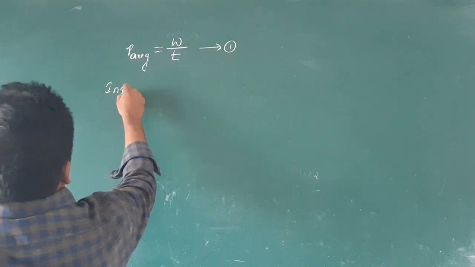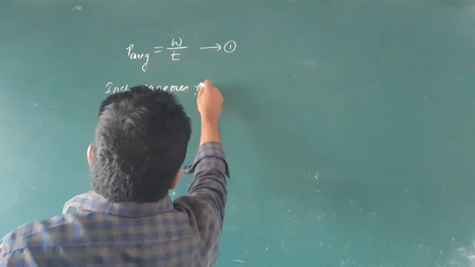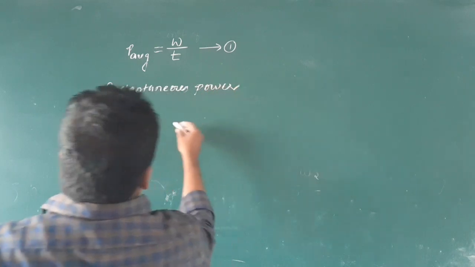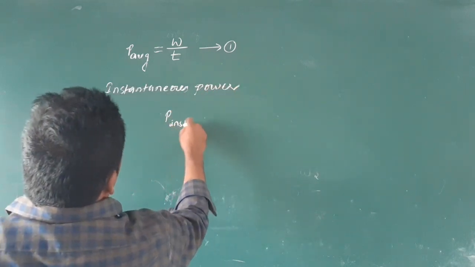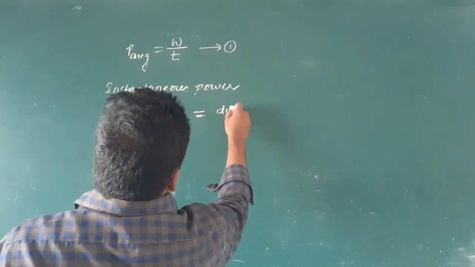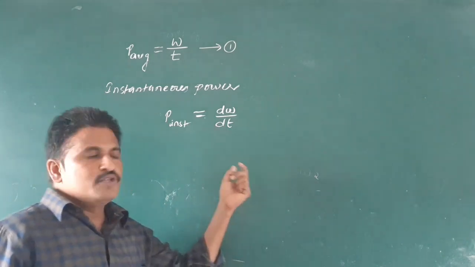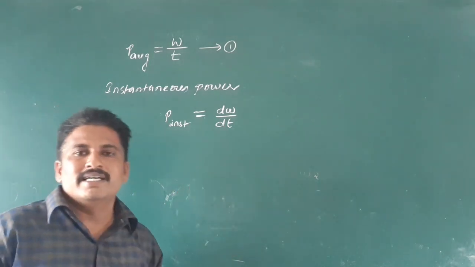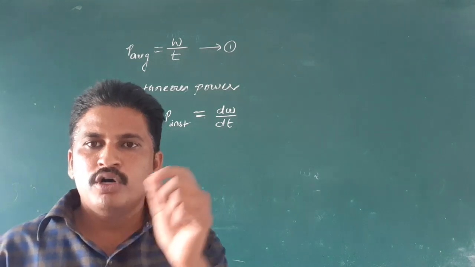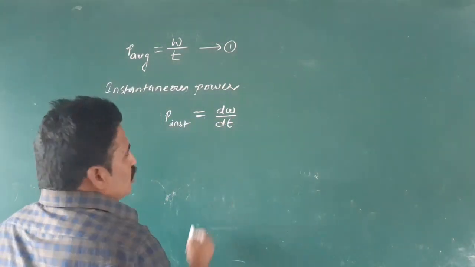And the expression for the instantaneous power: P instantaneous is equal to dW by dt. Here, students, this is considered over very small intervals of time, so that we can write dW by dt.